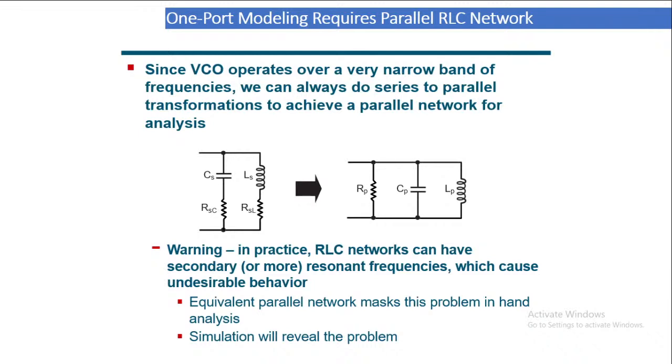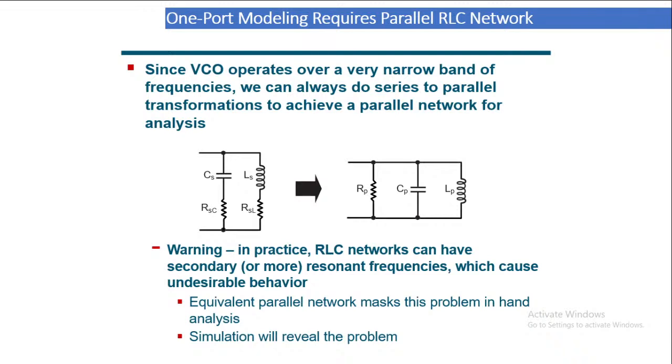Only thing is, remember that in practice, RLC networks can have secondary resonant frequencies, so they will not be restricted to one frequency. Since they will not be restricted to one frequency, this may cause undesirable behaviors. Making equivalent parallel networks will mask this problem.